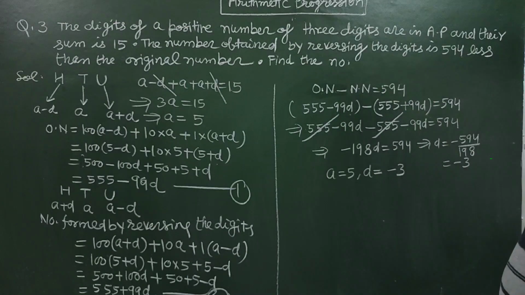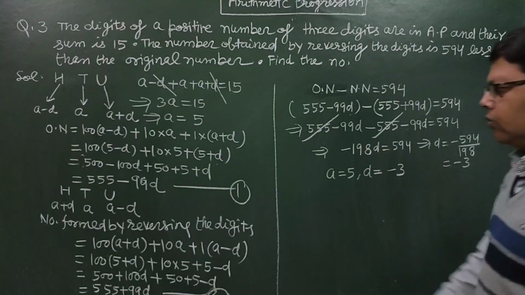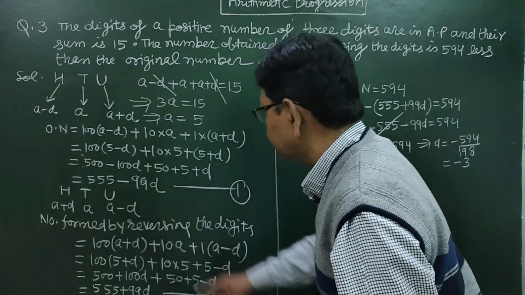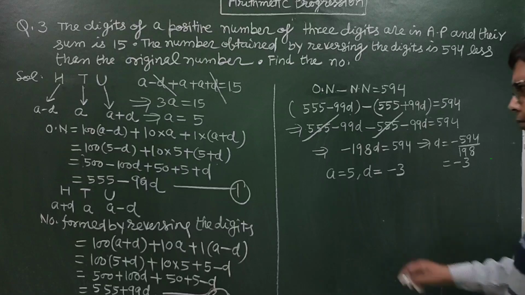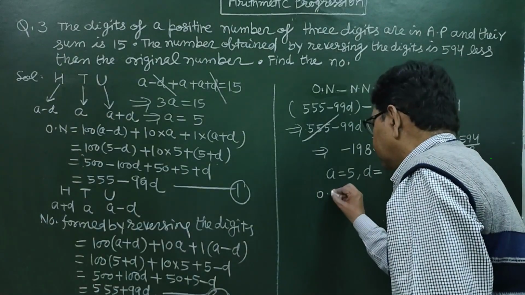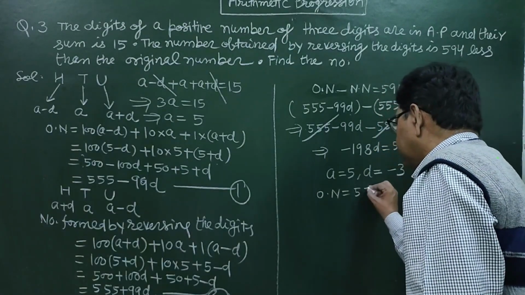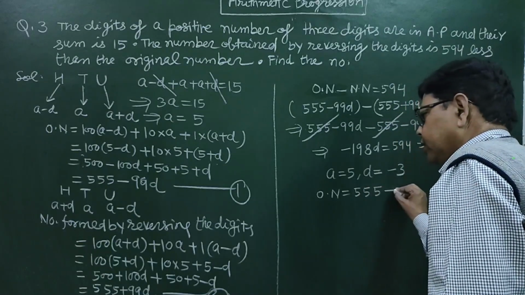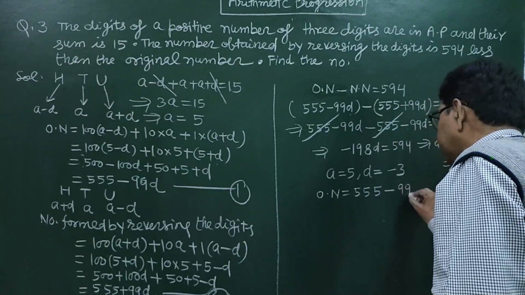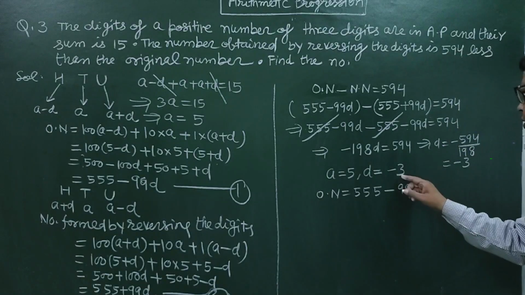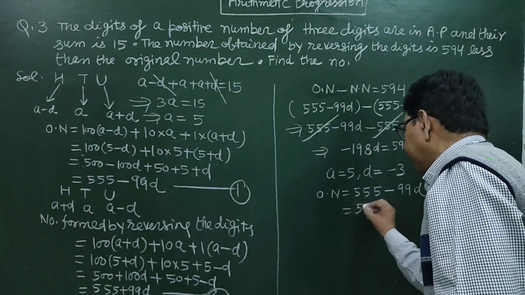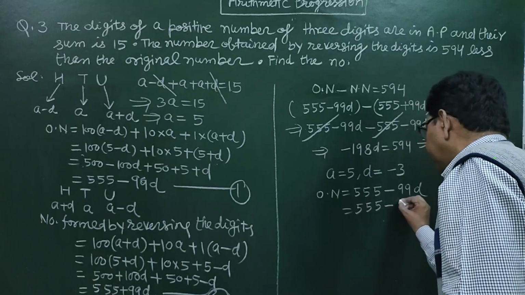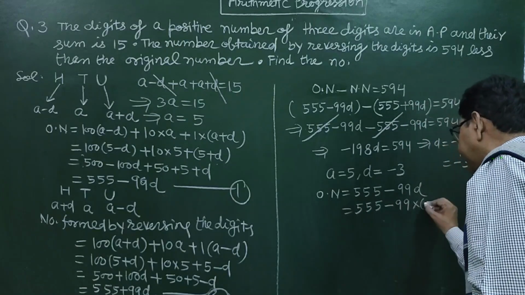Find the number. So original number is 555 minus 99d. A is not required here, only d will serve the purpose, putting the value of d here. So 555 minus 99 into minus 3.